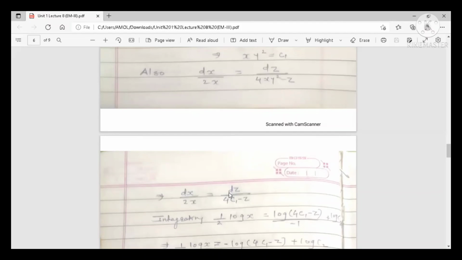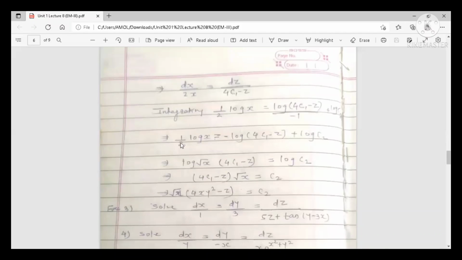The integration of 1 upon 4c1 minus z is log of 4c1 minus z upon minus 1, because the variable is z and the coefficient of z is minus 1. So write minus 1 in the denominator, plus all the terms are in log function, so you consider the arbitrary constant log of c2.